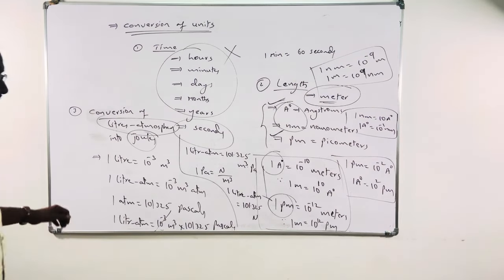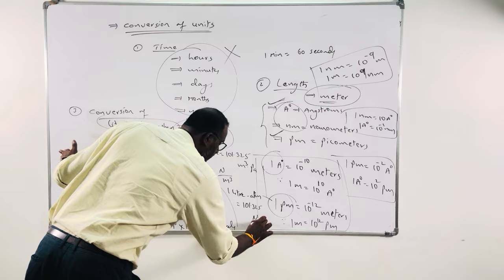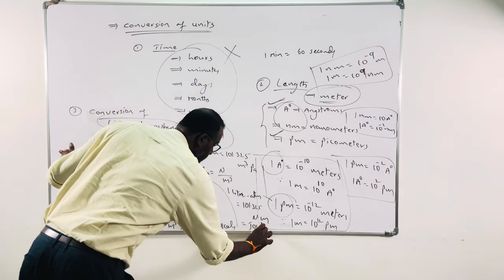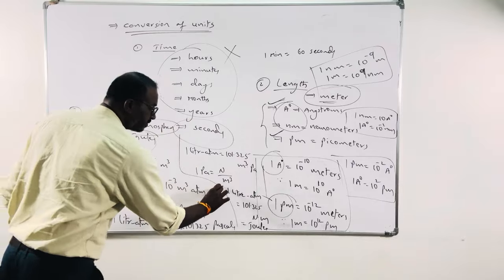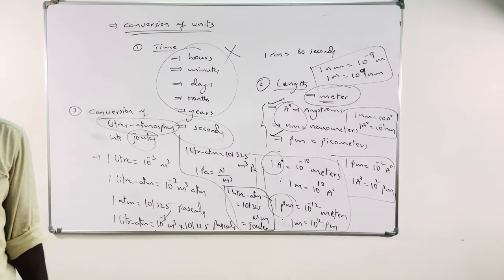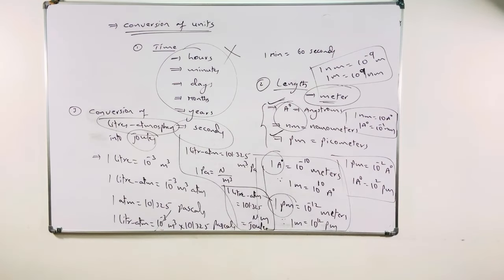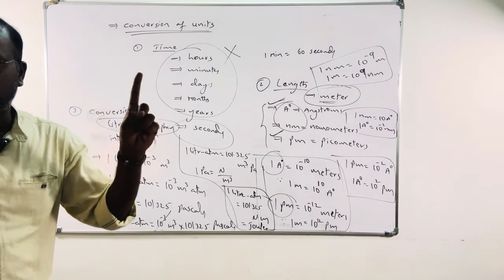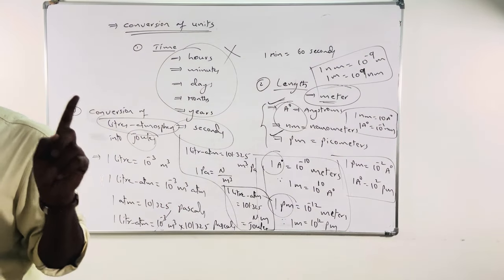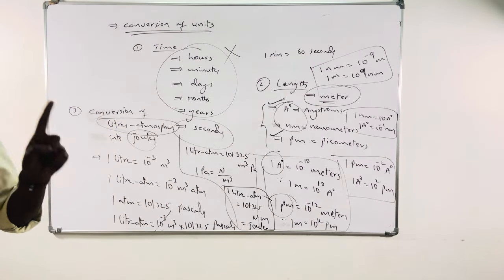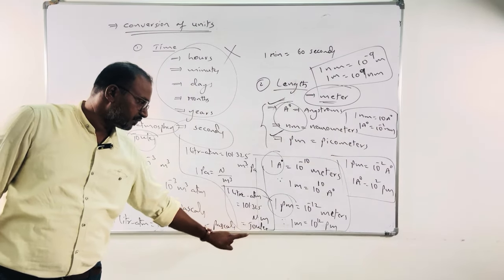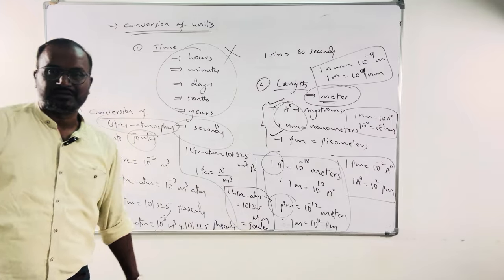So newton meter is nothing but joules, because 1 joule equals 1 newton meter. So 1 liter atmosphere equals 101.325 newton meters, or joules.